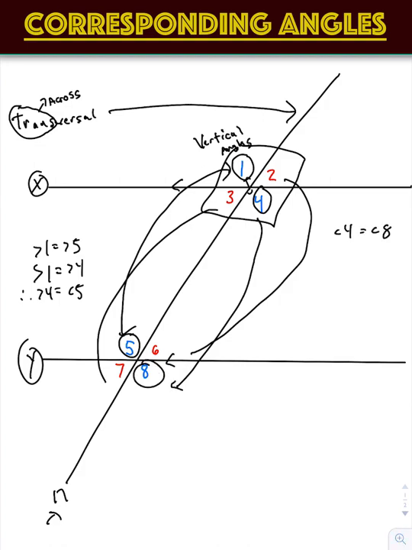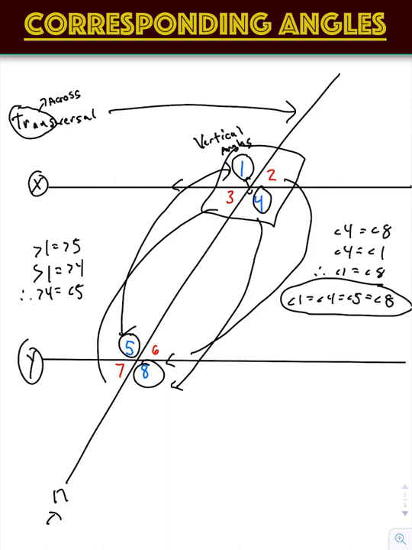And earlier we found out that angle 4 equaled angle 1 due to them both being vertical angles, which means that angle 1 equals angle 8. In conclusion, we know that angle 1 equals angle 4, which equals angle 5, which equals angle 8. All 4 of the blue angles are equal to one another.